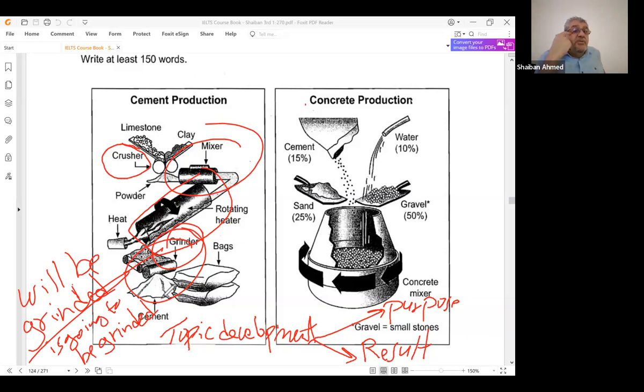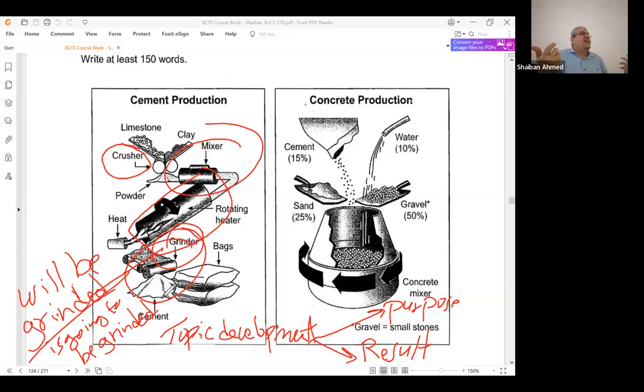What's the difference between a crusher and a grinder? To make the flour, the wheat or barley flour, women use this by hand. What do you call it, a crusher or a grinder? Are you sure?